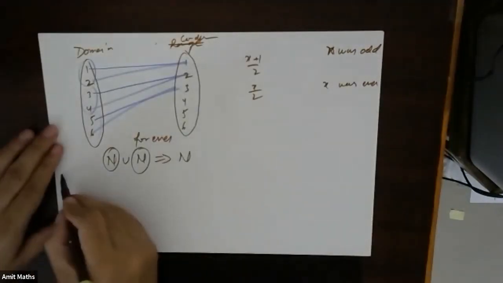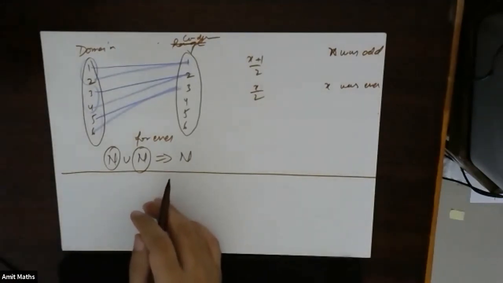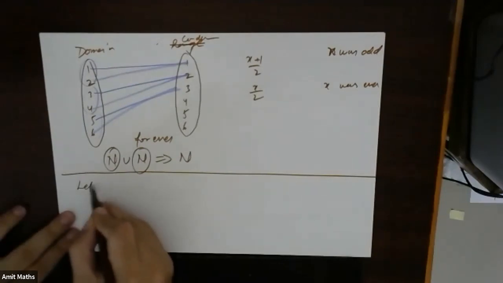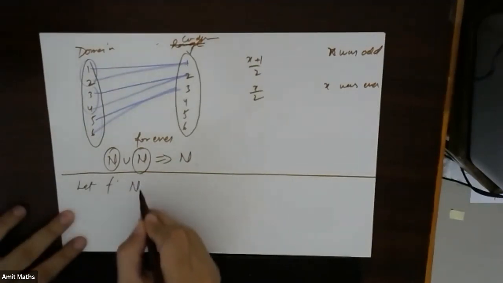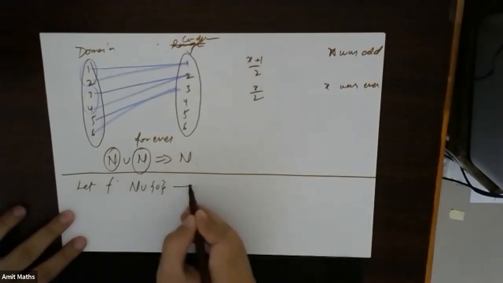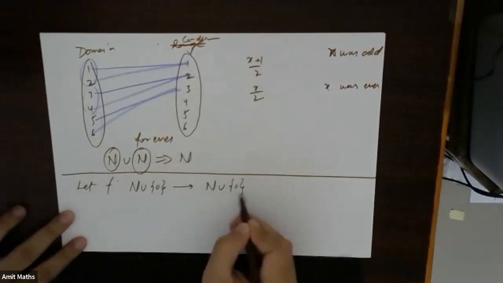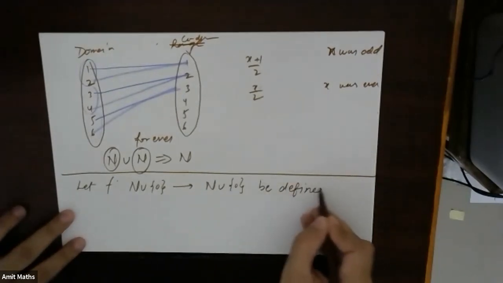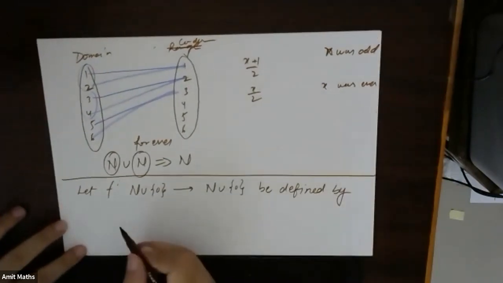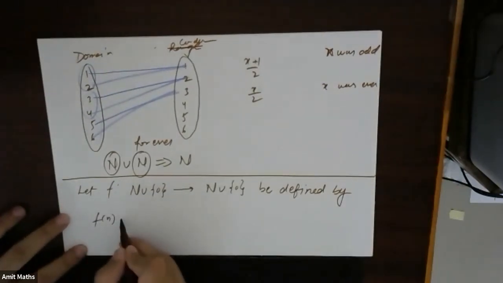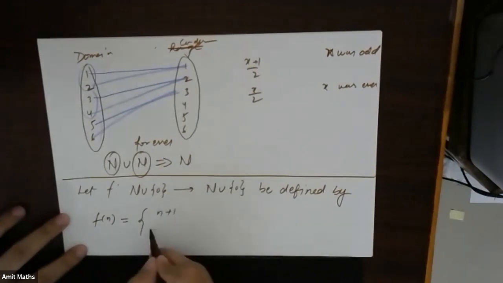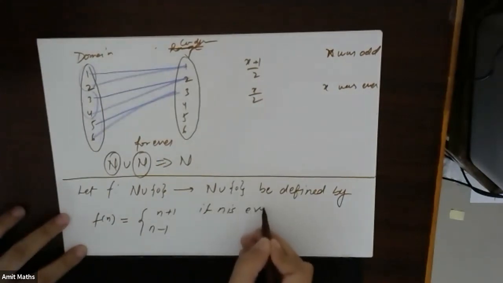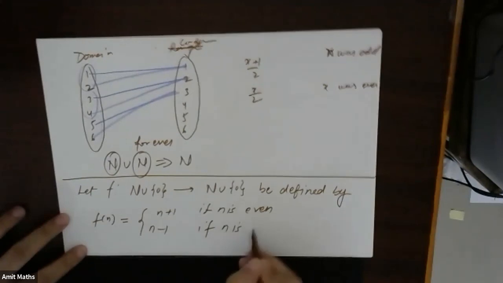Okay, fine. So I'll give you a homework question. You just solve this. Let f from N union 0 to N union 0 be defined by f of n equals n plus 1 upon 2 if n is even, and n minus 1 upon 2 if n is odd.